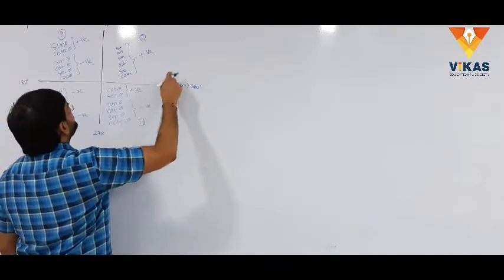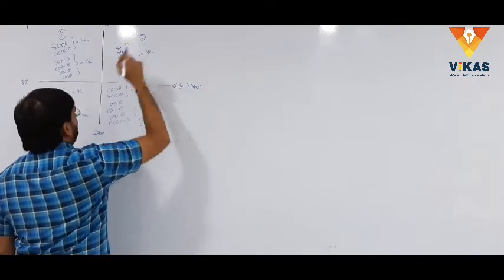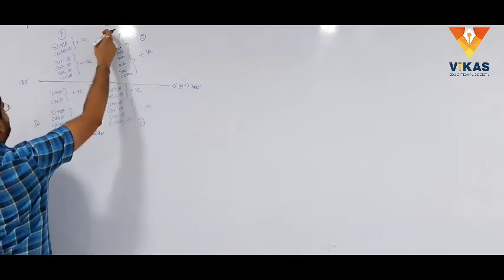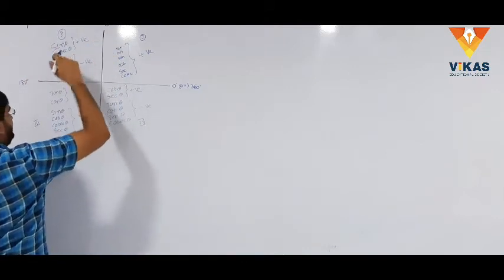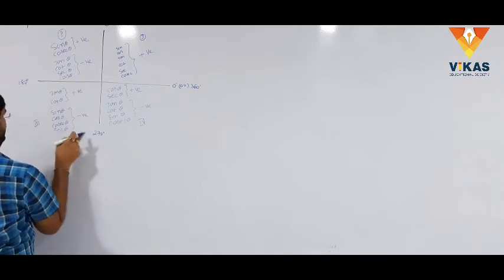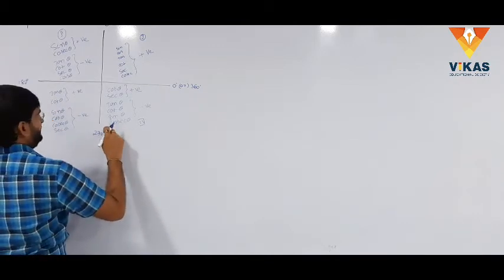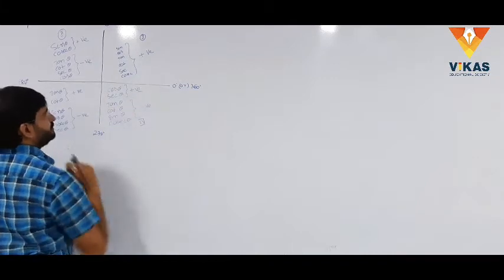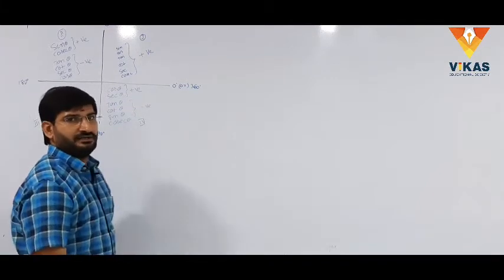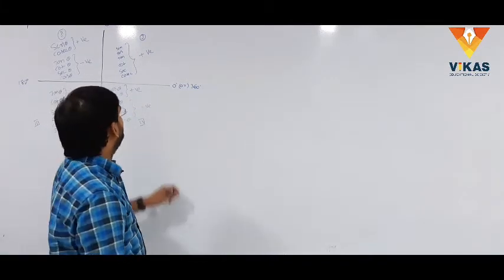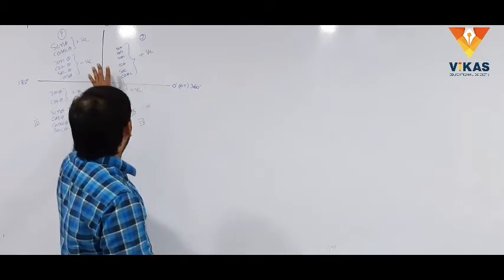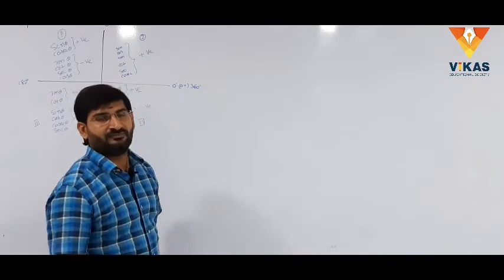Theta between 0 and 90 is in the first quadrant. Between 90 and 180, the second quadrant. Between 180 and 270, the third quadrant. And between 270 and 360, the fourth quadrant. These are the quadrant explanations. The sign conventions we observe clearly.